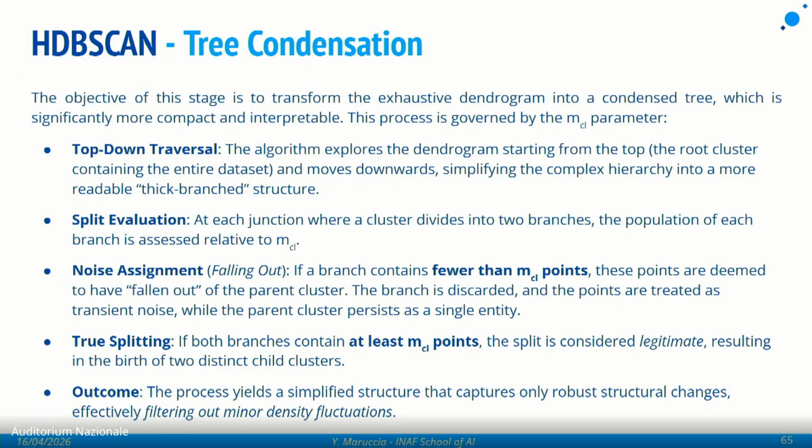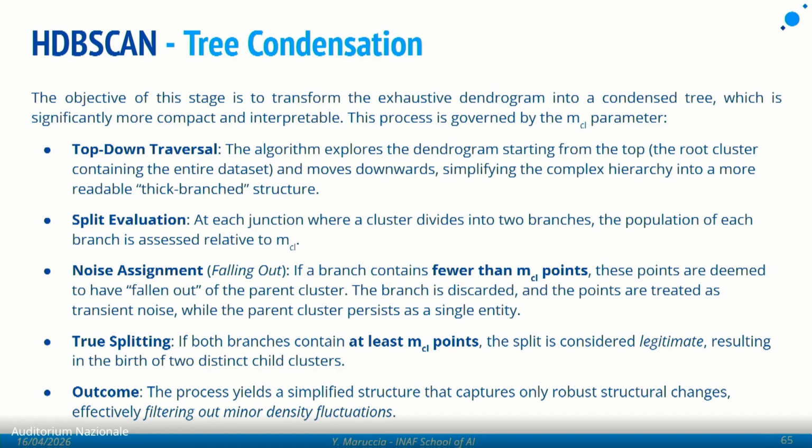Okay, so I'm telling you these things that I wrote in this slide because if a branch contains fewer than the minimum cluster size of points, then these points fall out of the parent cluster.